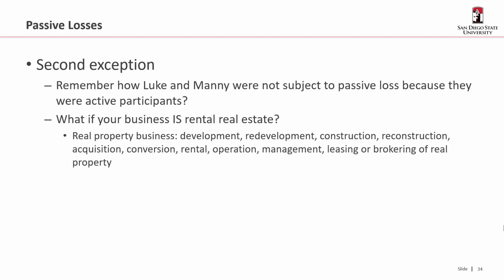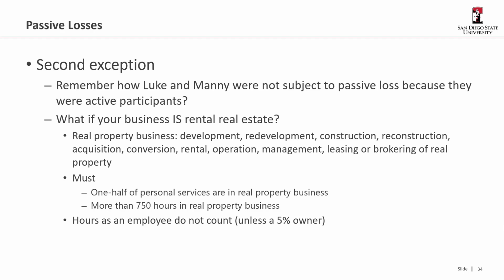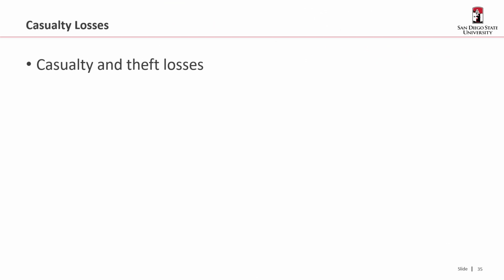If in fact that is your business, you must have one half of personal services in the real property business, and you spend more than 750 hours a year in that business. And by the way, hours as an employee do not count unless you're a 5% or greater owner. Then you can elect to treat that as a true business, and therefore it is excepted from the passive loss limitation rules.